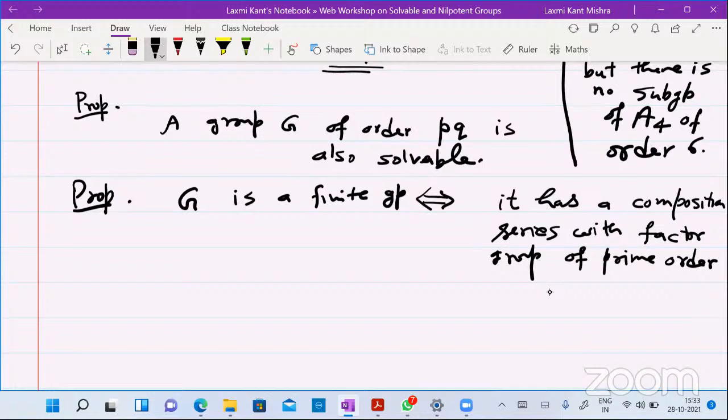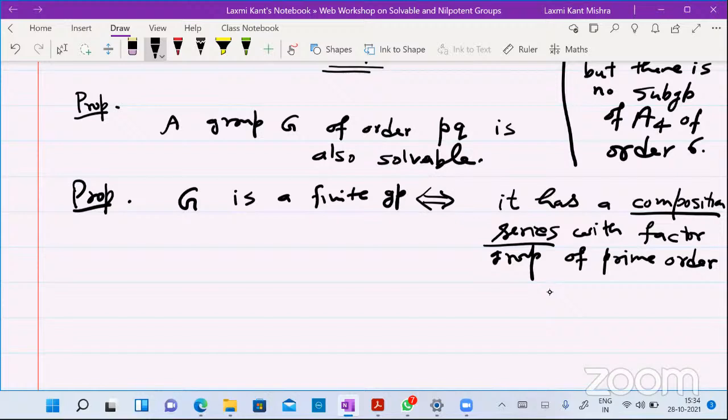You know what a composition series is: it is a normal series in which every factor group is simple.